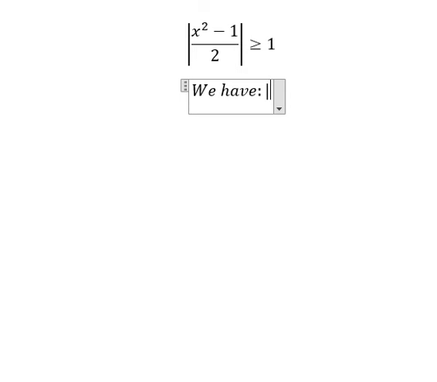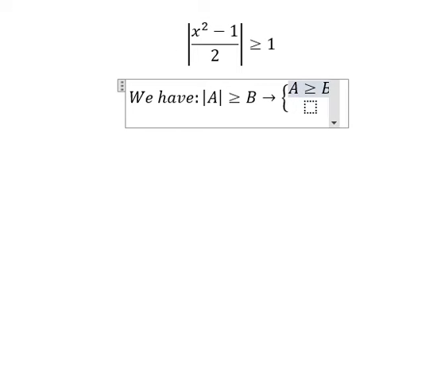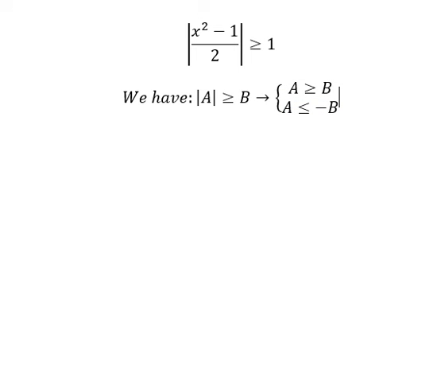The absolute value of A is greater than or equal to number 1, or we can put capital P. So we will have two solutions. That should be A is greater than or equal to B, or A is smaller than or equal to negative B. So if we apply the formula in here, you get two equations.